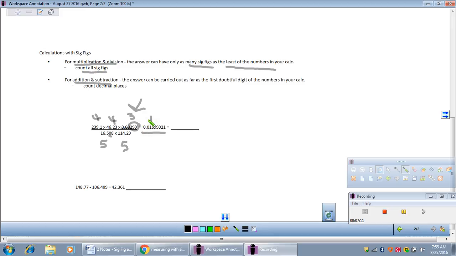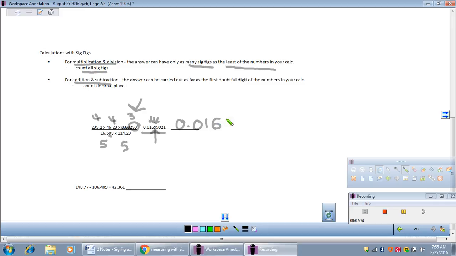So we have 1, 2, 3. Okay? So we are looking at the 169, and then there's a 9 afterwards. So 0.0, we must write these zeros, the leading zeros, even if they're not significant, because they tell us about placeholding, how large or small the number is.